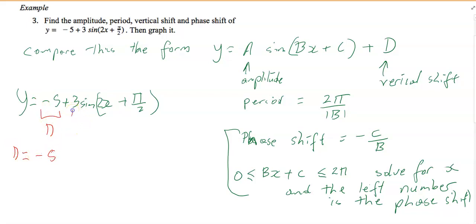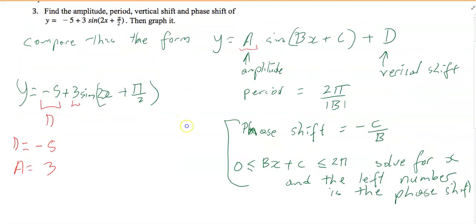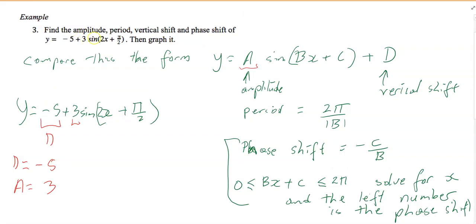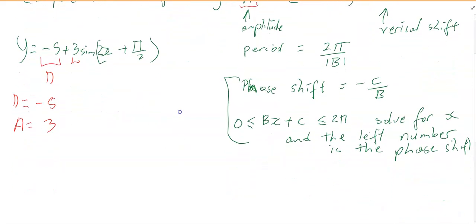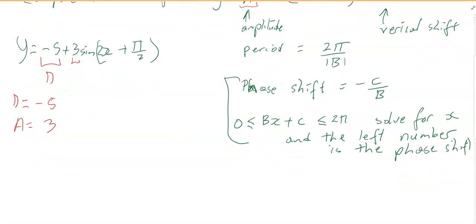The 3 is multiplied by the sine, so your a is equal to 3. Remember, if the 3 was negative, we would have to take the absolute value for amplitude.